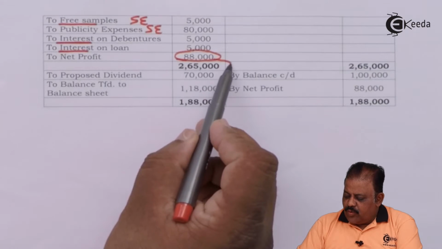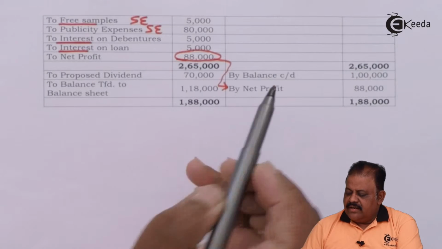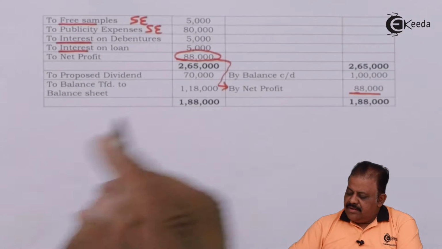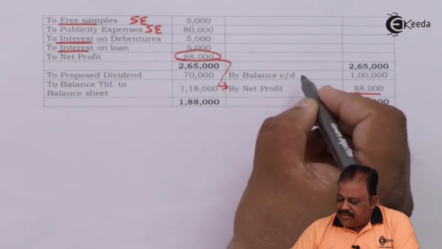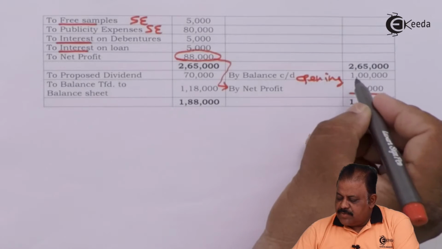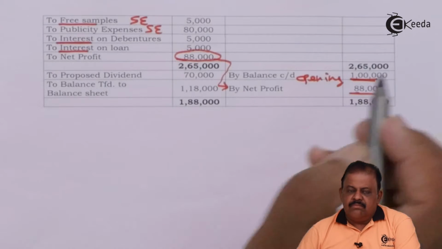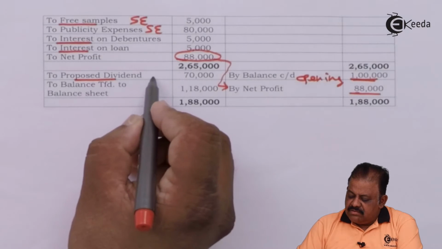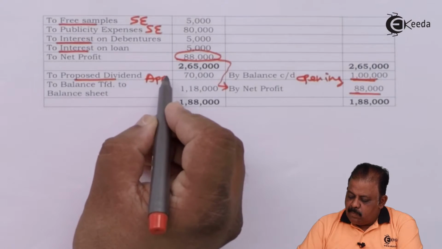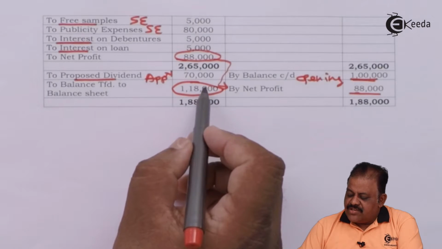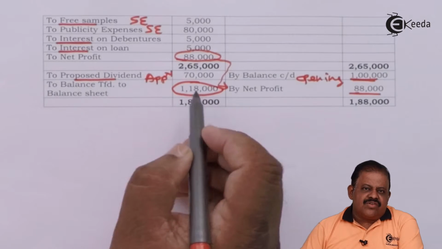This will be carried forward here. Here we have opening balance of profit, this is previous year profit brought forward. Proposed dividend, this is appropriation. Finally, surplus transferred to balance sheet 1,18,000.